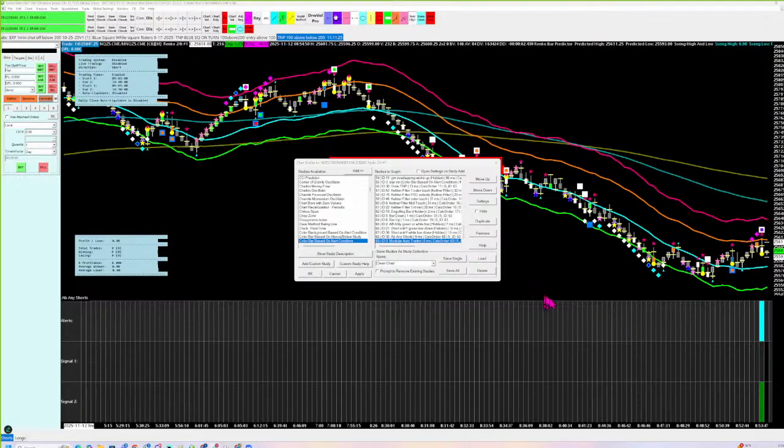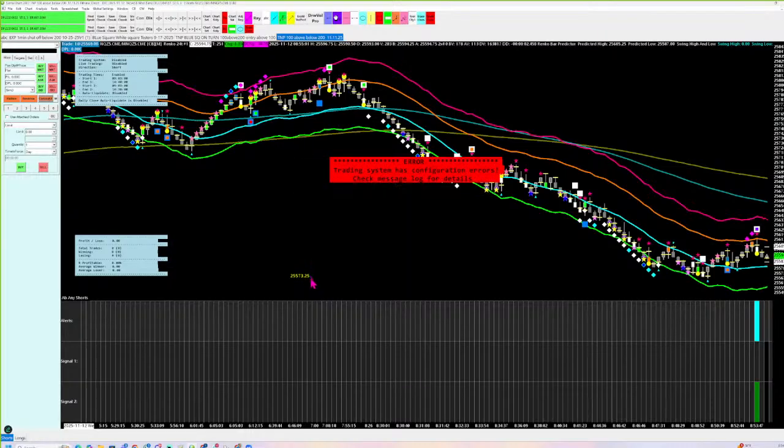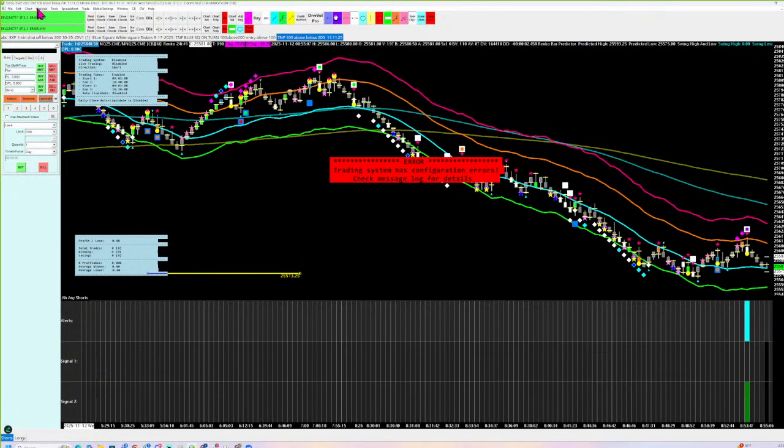Yeah, and if you're not monitoring it, definitely perform check time. No question about that. Okay. System has configuration errors. Oh, I know what I did wrong. Analysis, studies.